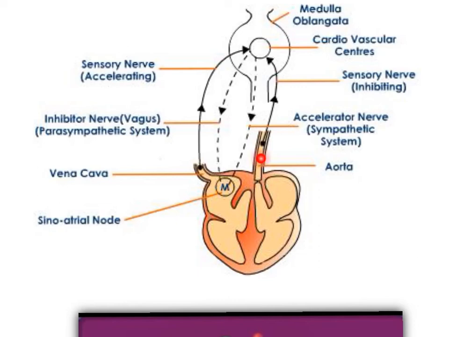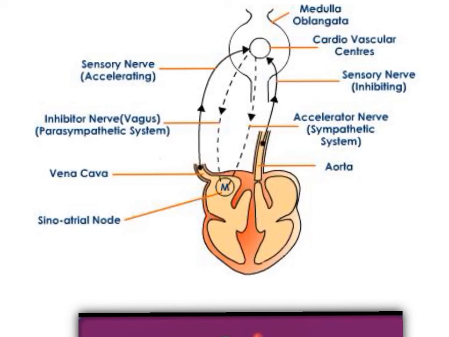Conversely, if there's too much pressure in the arterial system, that's detected by baroreceptors in the aorta, the aortic body, and also in the carotid artery, the carotid sinus, in the wall of the carotid artery, which detects changes in pressure.